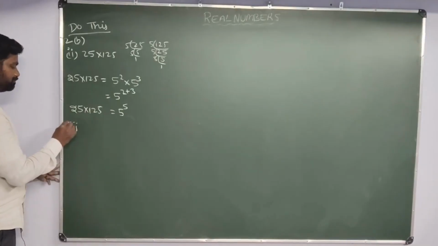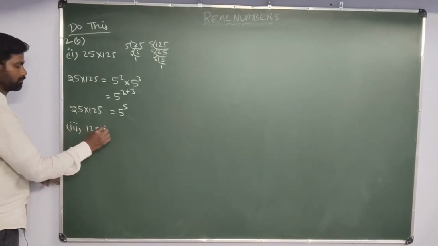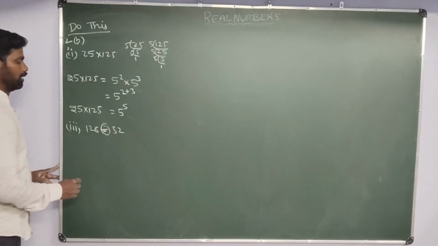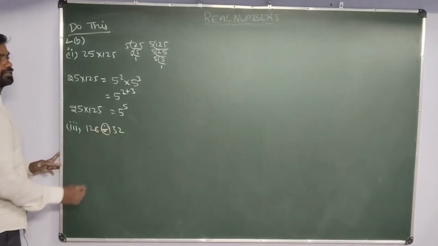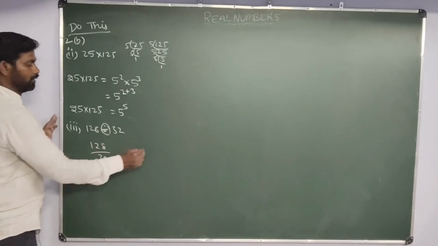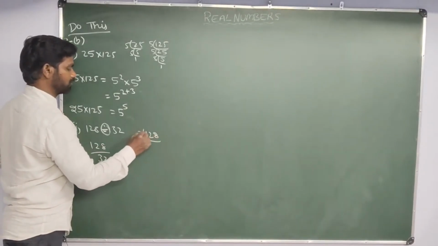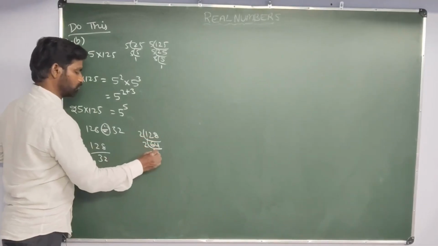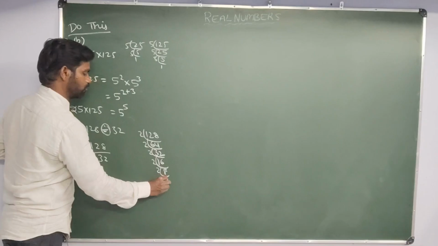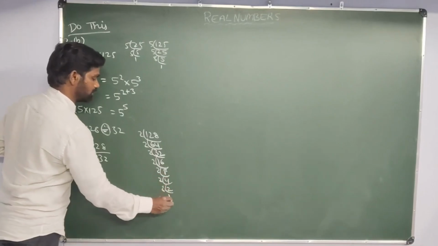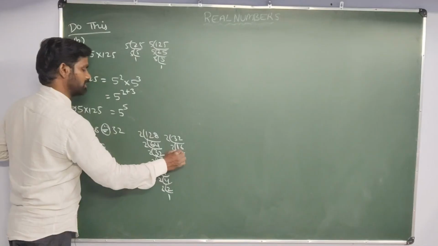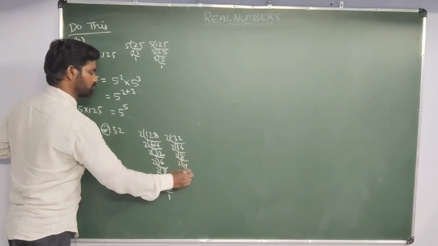Next, third question in that. 128 divided by 32. Third question, 128 divided by 32. Take the prime factors of 128: 2 64s, 2 32s, 2 16s, 2 8s, 2 4s, 2 2s, 2 1s. Next 32: 2 16s, 2 8s, 2 4s, 2 2s, 2 1s.